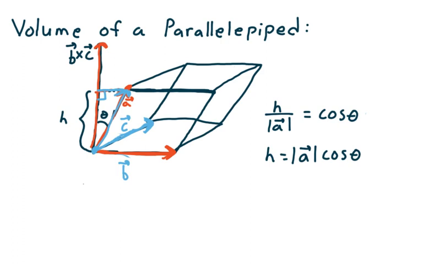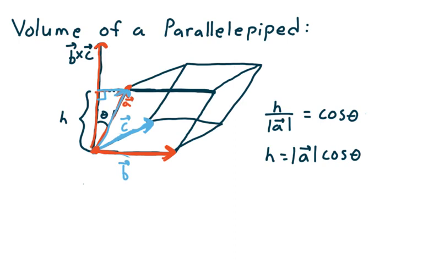Now let's take a look at the volume of a parallelepiped determined by vectors a, b, and c. So notice how the base of this parallelepiped is a parallelogram, and the vector starting here and going this way, highlighted in blue, is c, and the vector highlighted in red going over here is b.